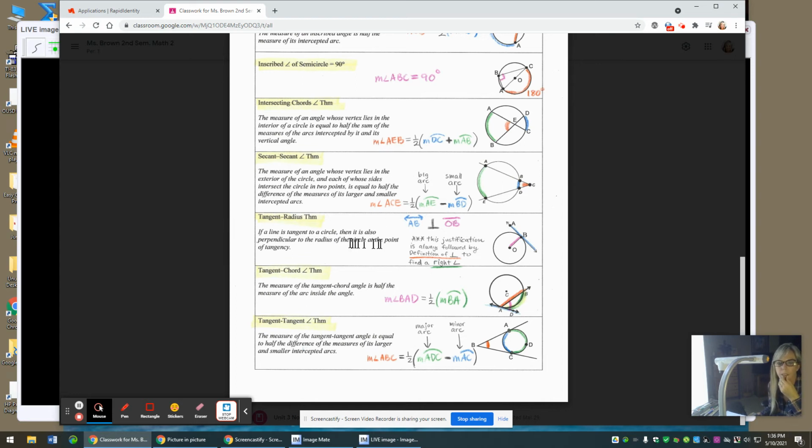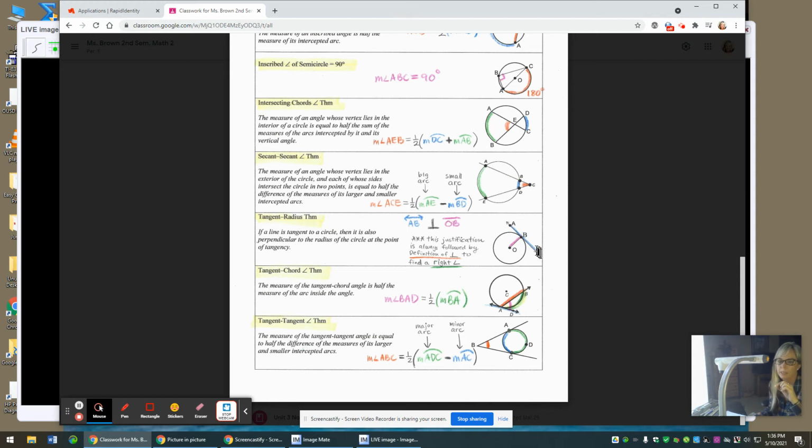The next one is a term more than anything. Tangent radius theorem. We're not going to actually see on our worksheet the tangent and the radius connect, but we need to know what tangent means. Tangent is this line outside here, this blue line. We would call that tangent to the circle, and it means that it touches the circle at exactly one spot.